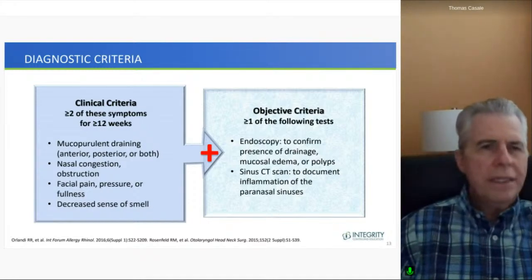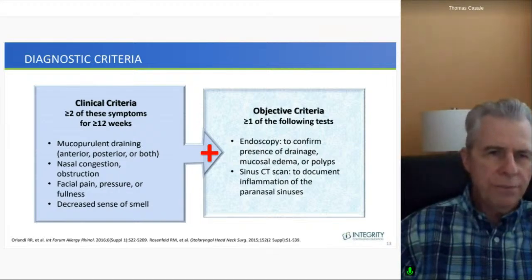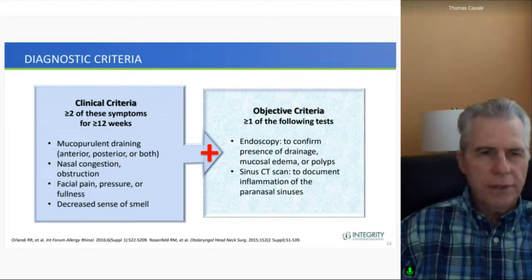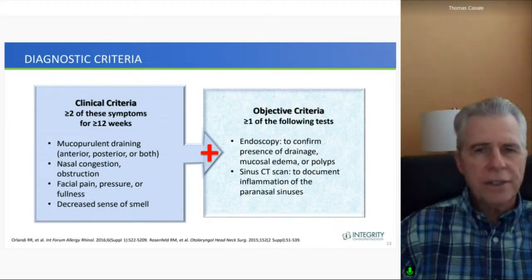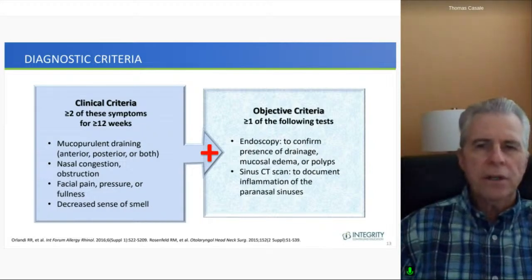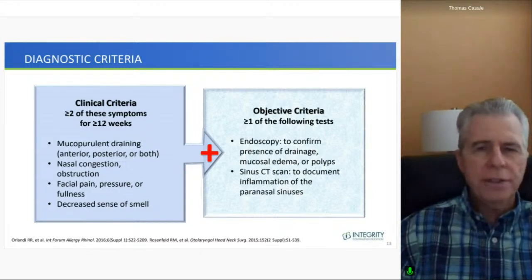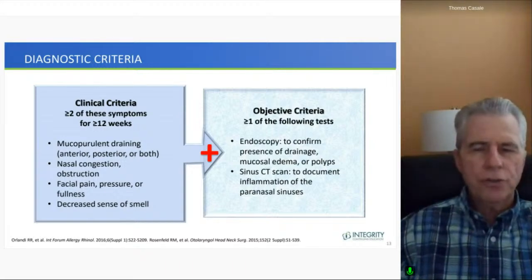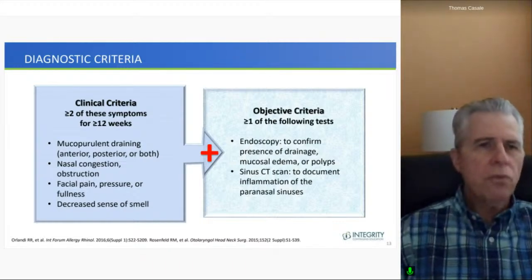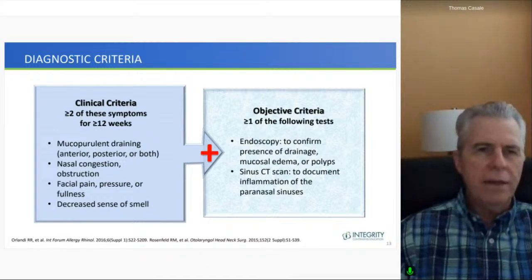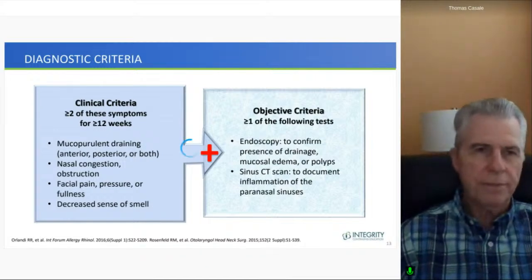You have to have at least 2 of the following symptoms for at least 12 weeks: mucopurulent drainage, nasal congestion, facial pain, pressure or fullness, and decreased sense of smell, plus at least one objective criterion, which would include either a positive endoscopic or sinus CT scan to document drainage, inflammation, nasal polyps, etc. So that's how the diagnosis is made. Again, more than 12 weeks of symptoms.